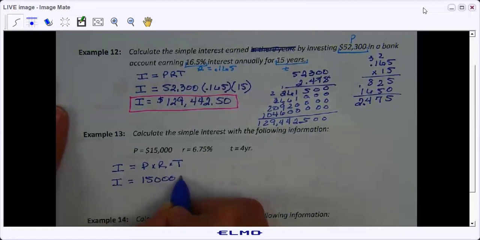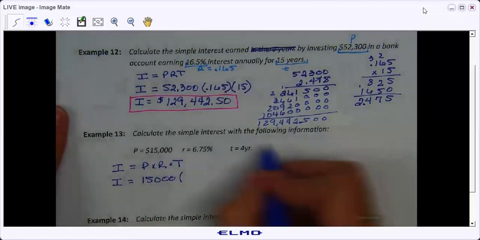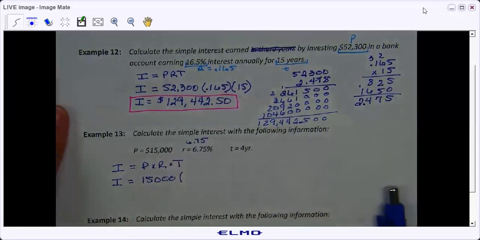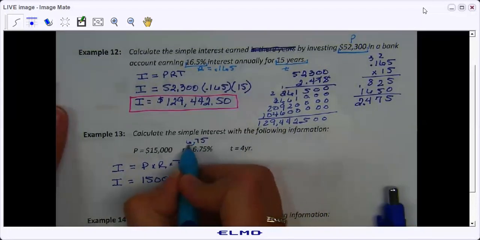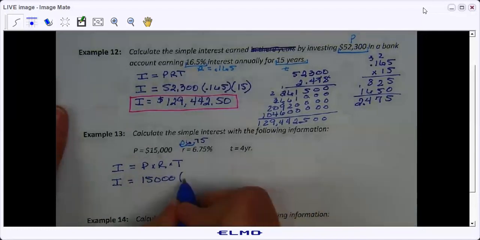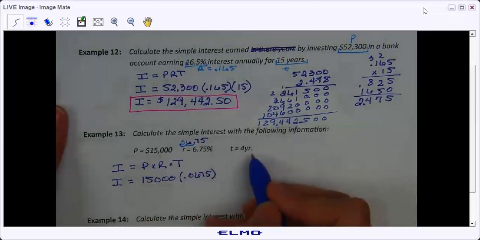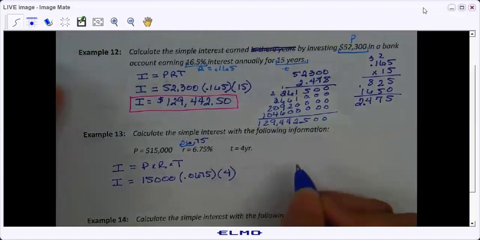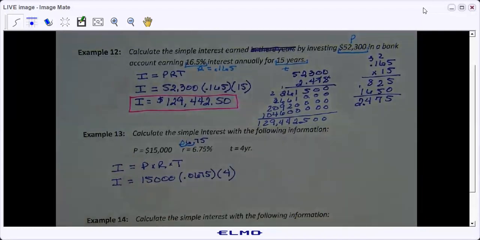Our rate is 6.75%, and remember, we can't have it as a percent, so to get rid of that percent, we move the decimal over twice. So 0.0675 times the time in years, they give it to us in years, so it's 4. And so now you're gonna multiply all of these together, and then we'll come back and check the answer. Okay, so I'm gonna pause the video so you can do that.